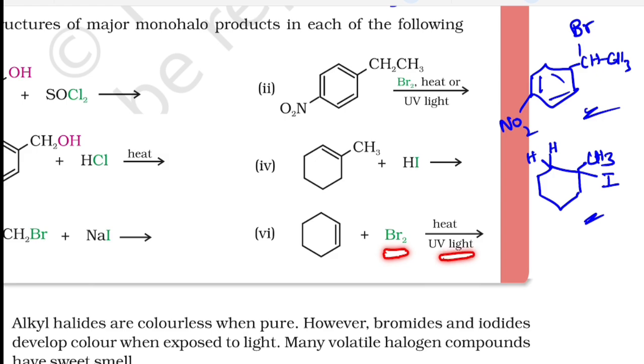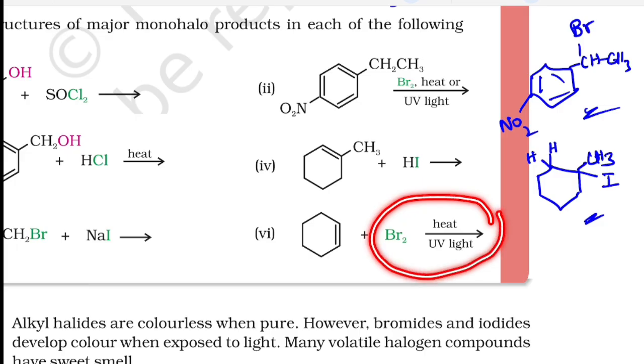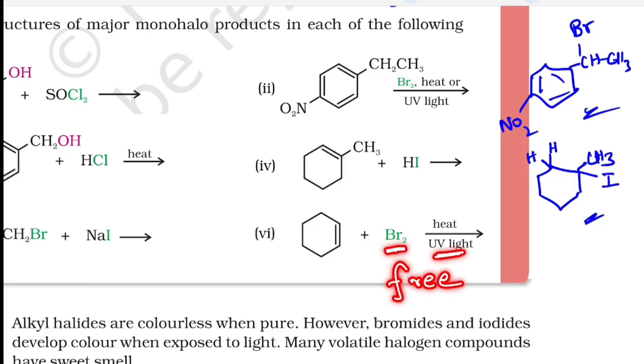So next again here you can see there is a double bond and there is bromine in the presence of UV light. So again this is a free radical mechanism. So students, whenever it is a free radical mechanism, don't touch the double bond, because bromine in the presence of UV light undergoes a free radical mechanism. So here this carbon atom will have 1 hydrogen. Removing that hydrogen forms 1 free radical over here, or even this carbon can form a free radical over here.